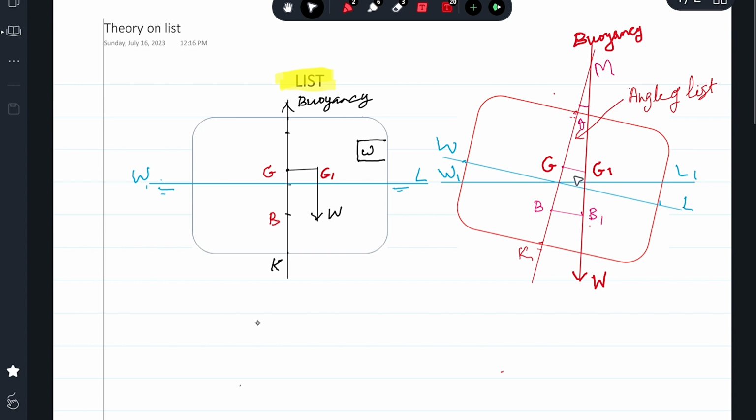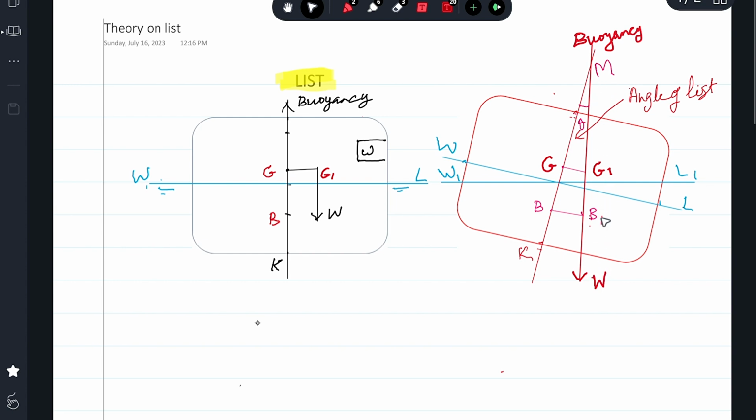So G first shifted to G1, then the ship inclined, then B shifted to B1. And now B1 and G1, the new center of buoyancy and new center of gravity, are vertically above each other.